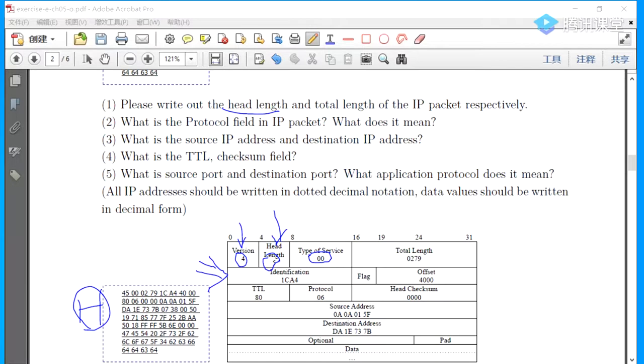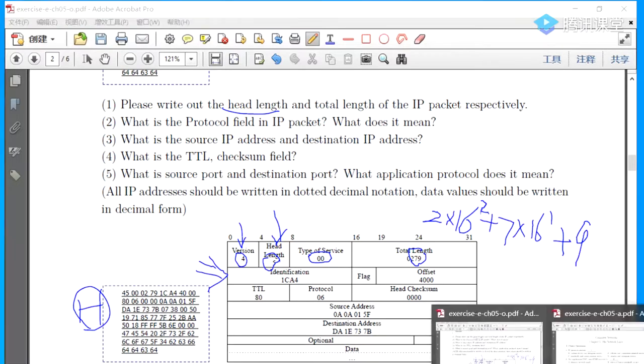Then 00 is the type of service. The total length is 279. We should convert it to decimal notation: 2 times 16 squared plus 7 times 16 plus 9.